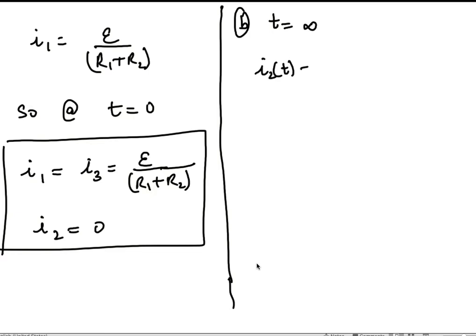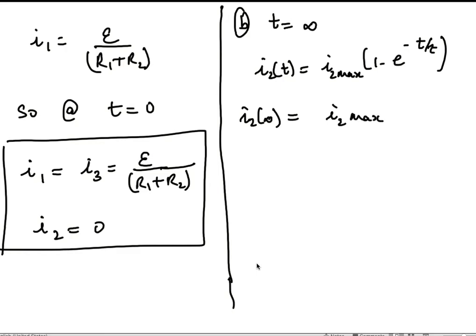I2 as a function of time was I2 max times 1 minus e to the power minus t over tau, and at t equal to infinity, I2 at infinity equals I2 max. So I2 is equal to I2 max.